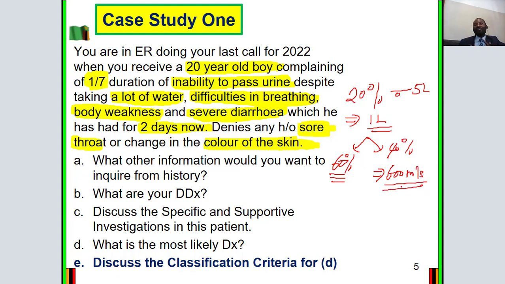Then 20% to 25% of this 600 mils is filtered per minute. When we say 20%, for example, let's take 20% of 600 mils. What are we getting from there? We are getting 120 mils per minute.